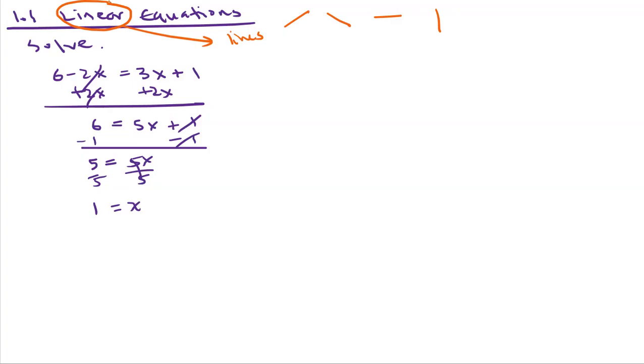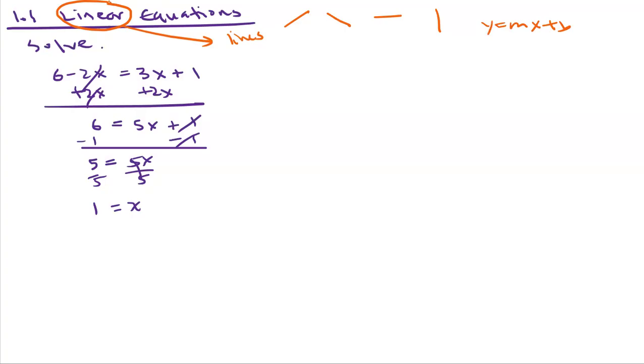And in equations, when we're talking about linear equations, we're dealing with the slope-intercept form, which is y equals mx plus b. That is the standard form of a linear equation.